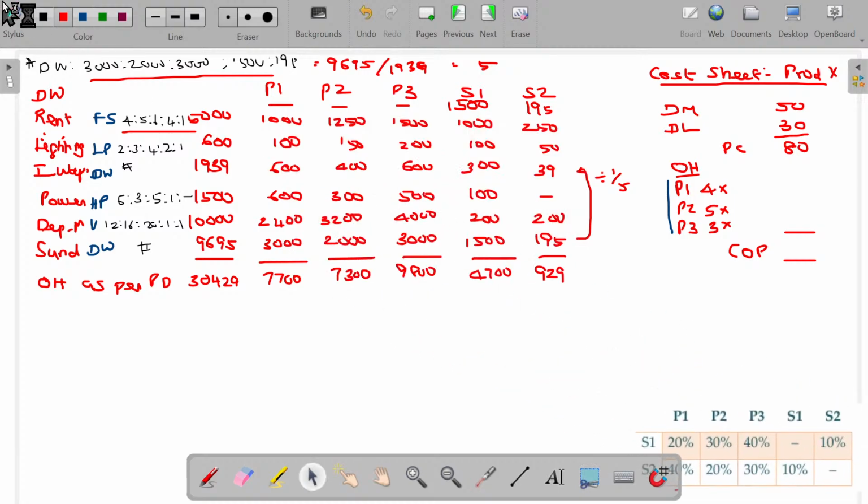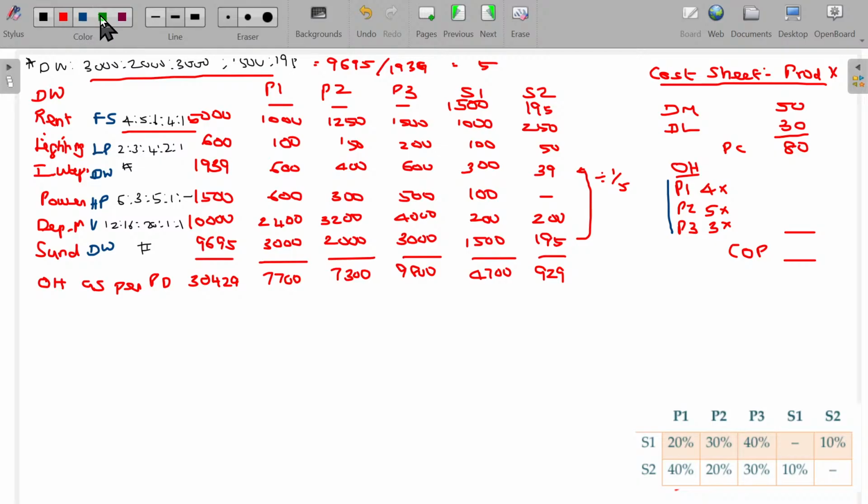S1 renders services to other departments in this ratio. Then the overhead of S1 will be recovered from the other departments to whom the service is rendered. So S1 to the other departments. 4,700, subtract this, and that will now be recovered from the other departments.